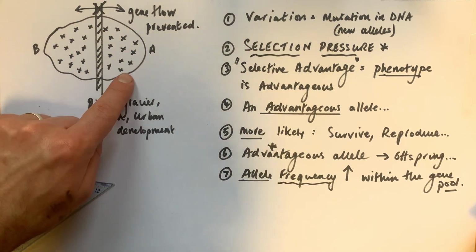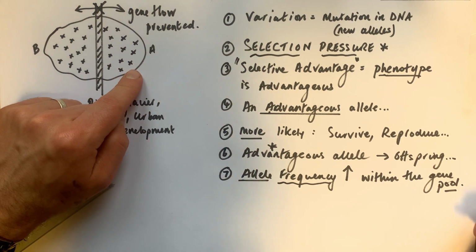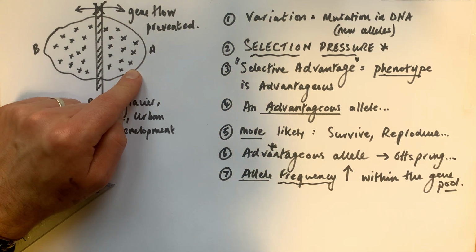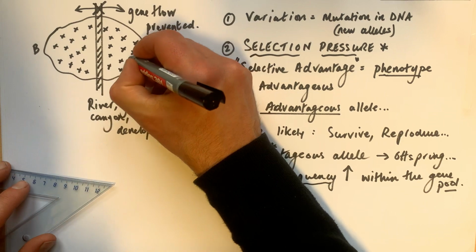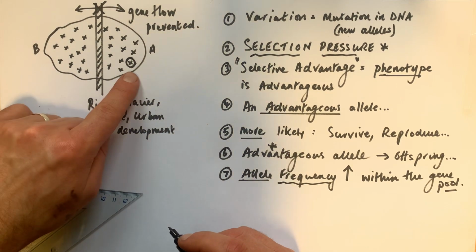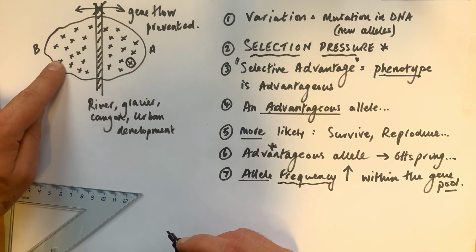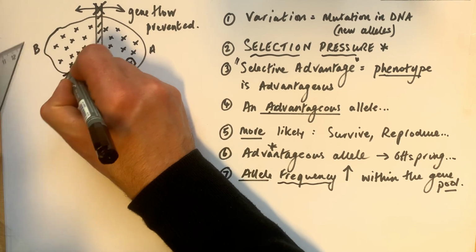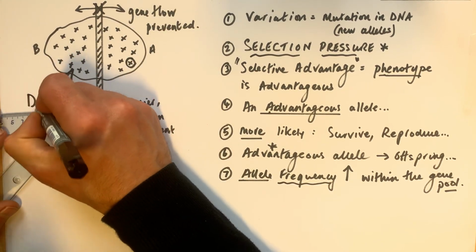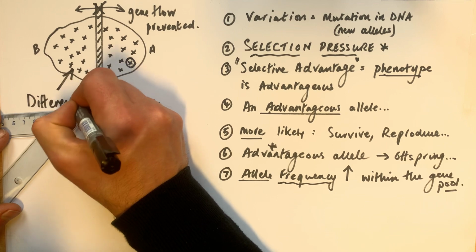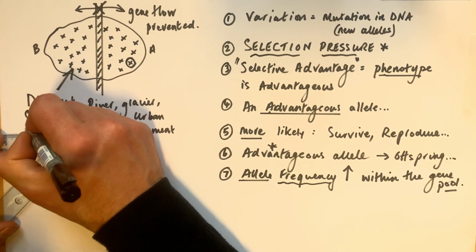Now, imagine that we had many generations that were developed over time, and we took an individual from population A, and in population B, there was actually, over here, a different selection pressure.